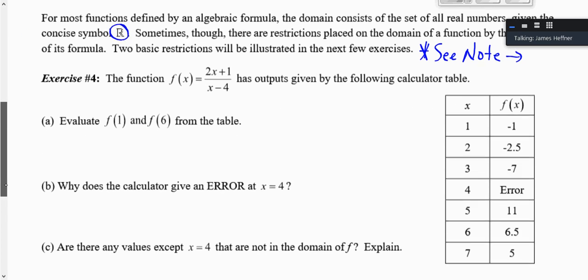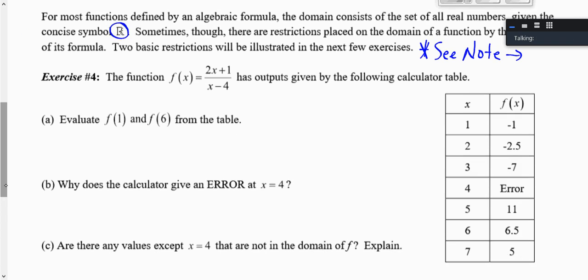to this example here. Now we have our function f of x equals 2x plus 1 over x minus 4. Okay, that's division, right? Everybody agree that's division? And what can we not divide by? 0. 0, okay? Now they've put this in their calculator, and over to the right here, they have a table of values.